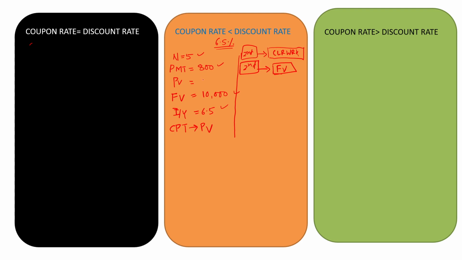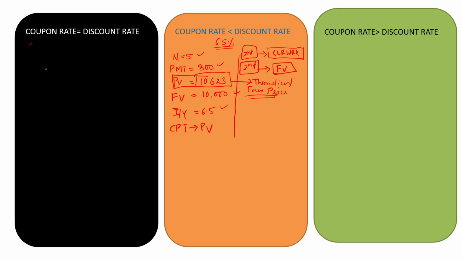If you do this job, you will find that the PV comes out to be 10,623. So this is the theoretical fair price of this issue if the market interest rate is at 6.5%.